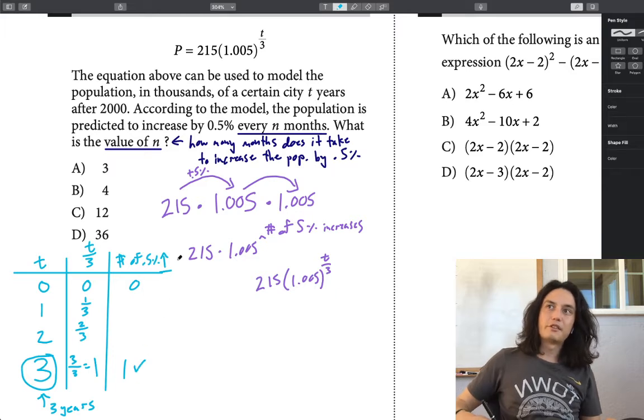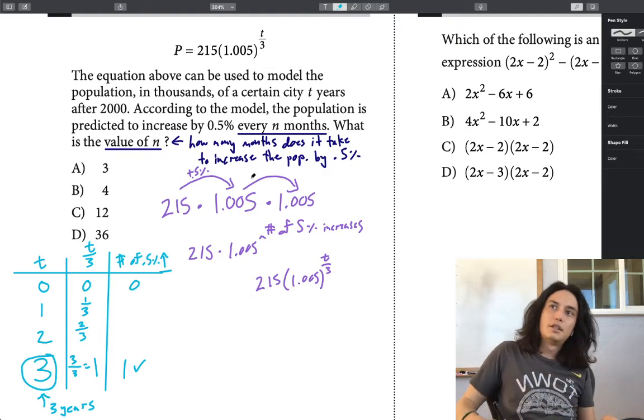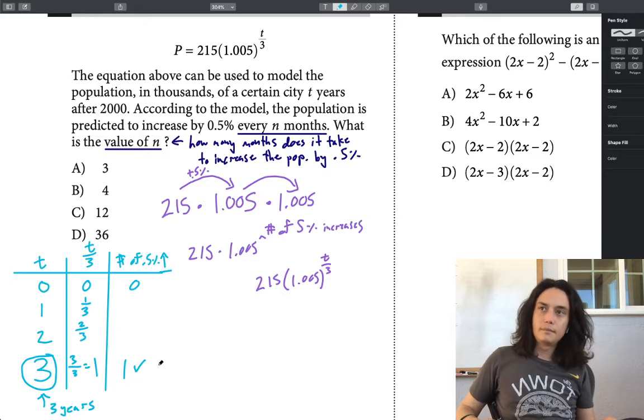Yay, we actually get a 0.5% increase. Because previously we get a third of a 0.5% increase, or 2/3 of a 0.5% increase, etc. This over 3 just slows the whole model down a lot.